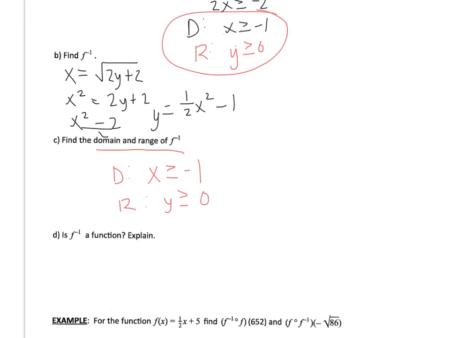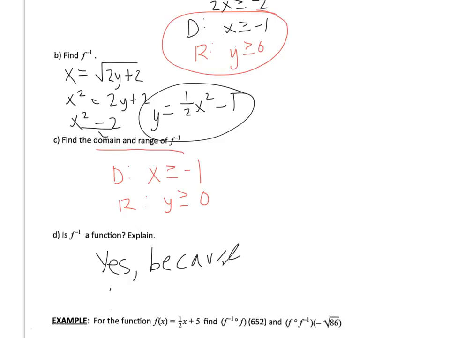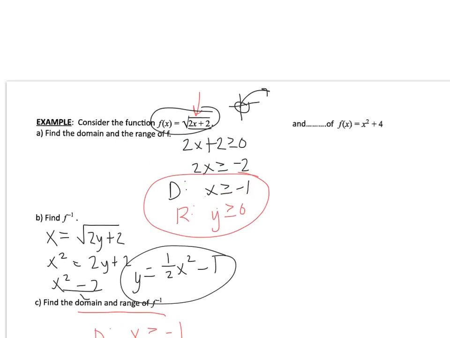So D, is this f inverse a function? Yes, because the original function passes the horizontal line test. That square root function up here passed the horizontal line test.